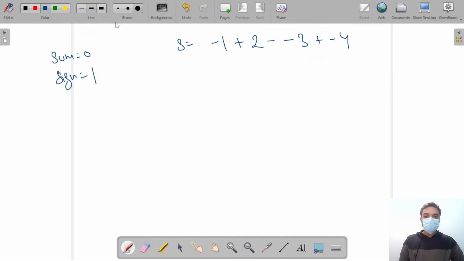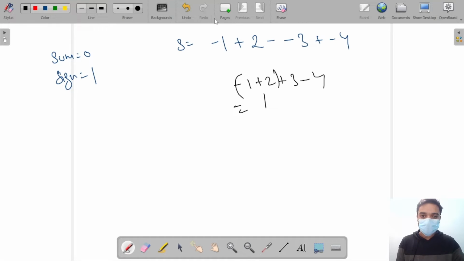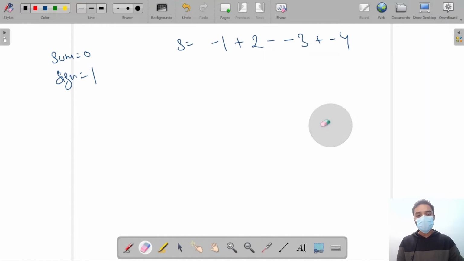We all know -1 plus 2, then minus minus is equal to plus. Plus minus equals minus, then -2, this will be equal to 1, 1 plus 3 is 4, and this will be equal to 0.